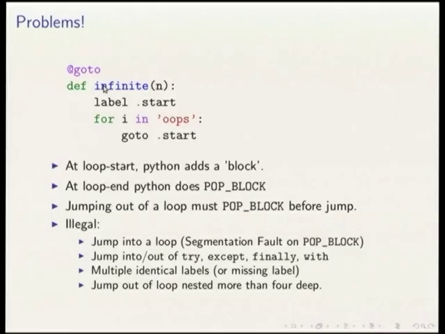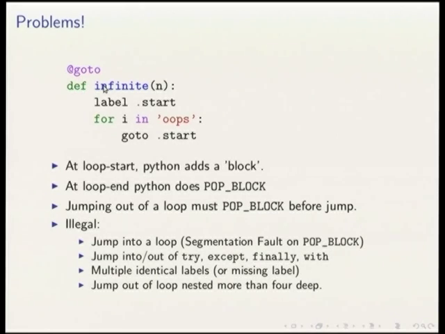Now, if we jump out of the loop, but forget to pop the block, it'll just keep on pushing things onto the block stack because we're basically going into the loop a bunch of times and it never pops anything off. And once we get to 23 loops, then Python will quit with some exception.